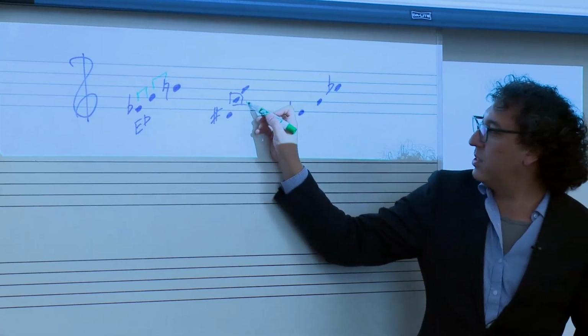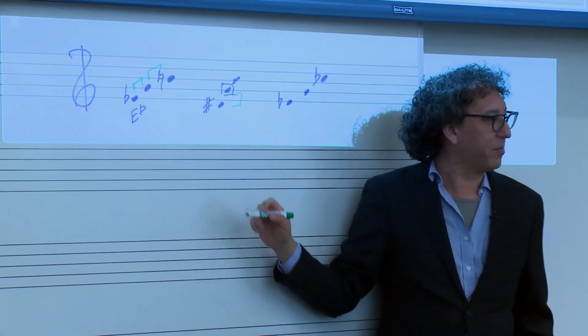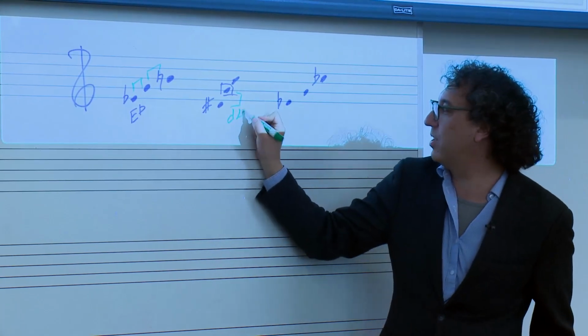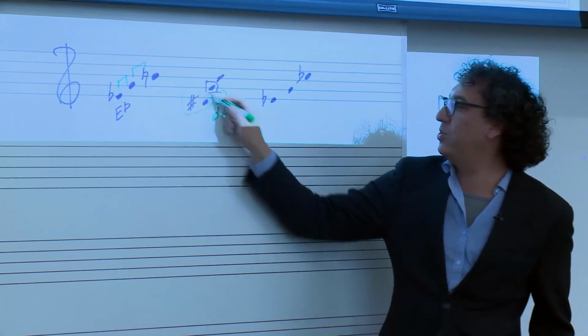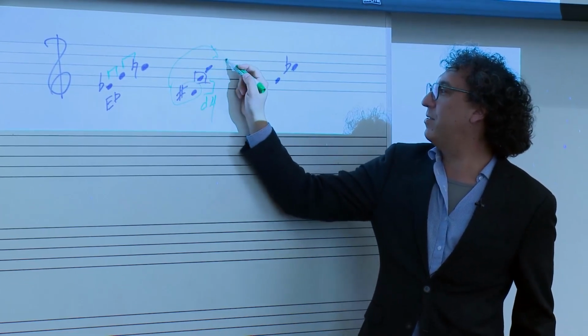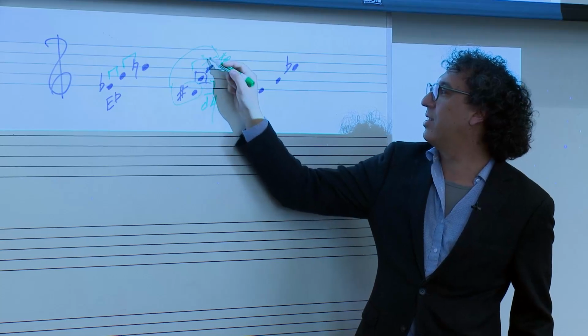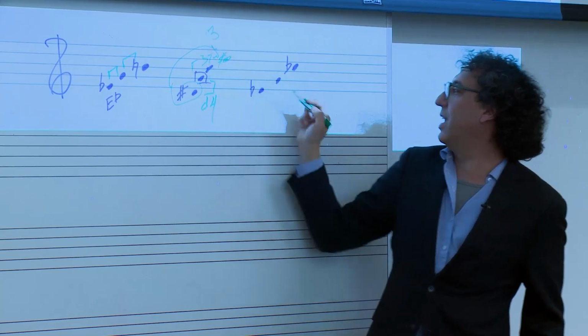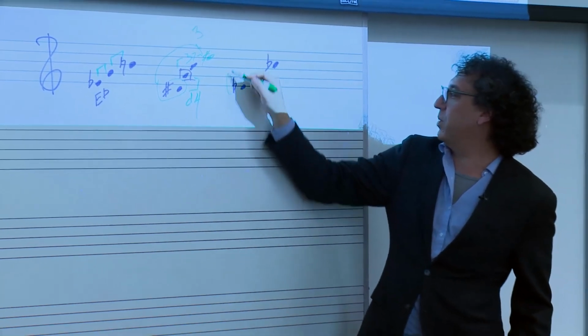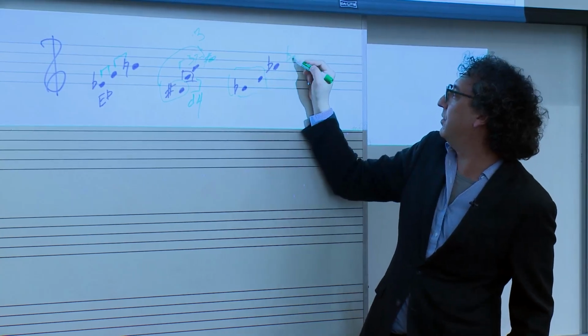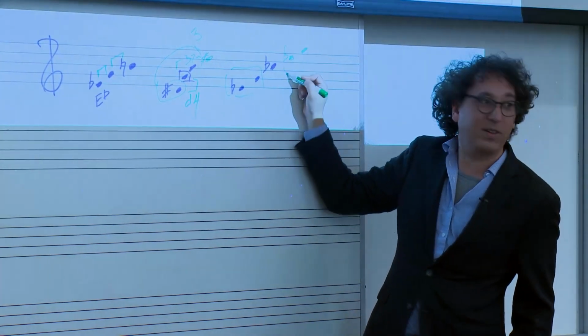But here, what's this interval? Diminished fourth, yeah, a fourth of some sort. So we have to move it up the octave in order to get our stacked thirds. And here, we can move them both up an octave in order to get our stacked thirds.